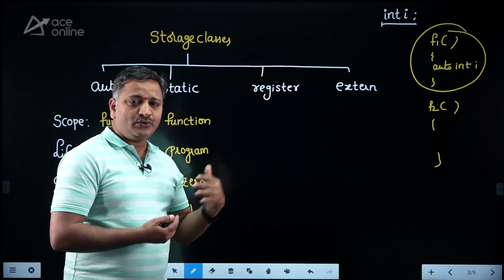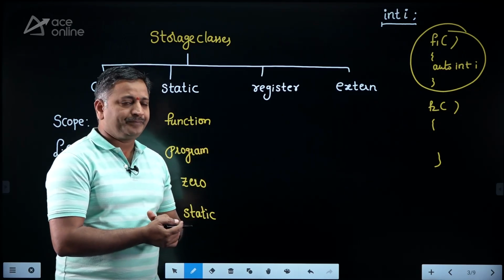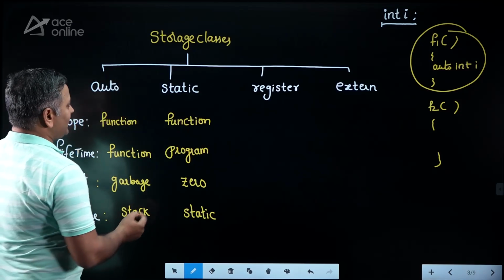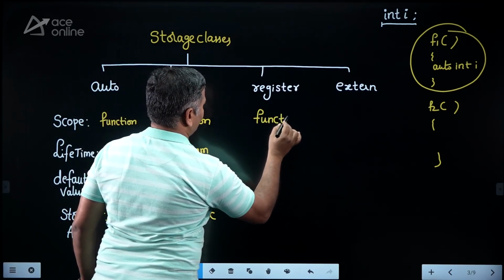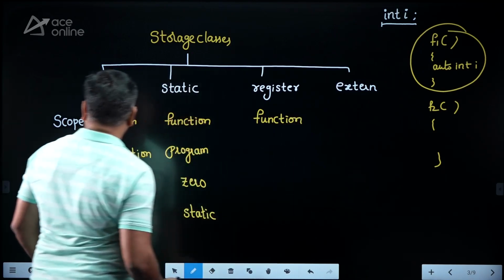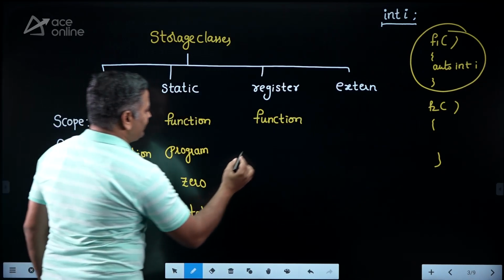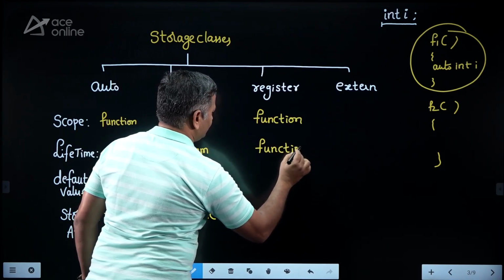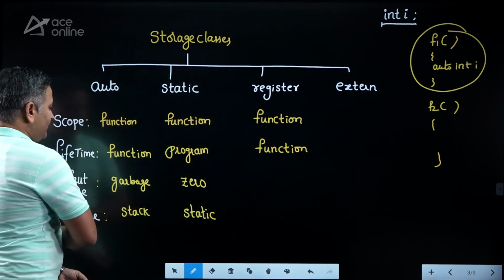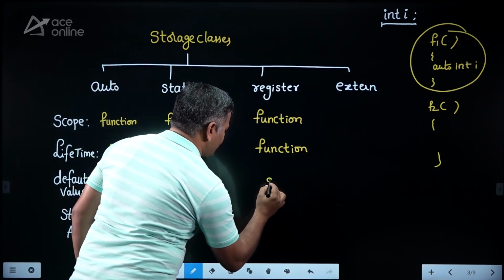Clear? It means if it is a local variable, it will be stored in the stack. So it has function scope, and the lifetime of a register variable is again function lifetime, and the default value of a register variable is garbage value.